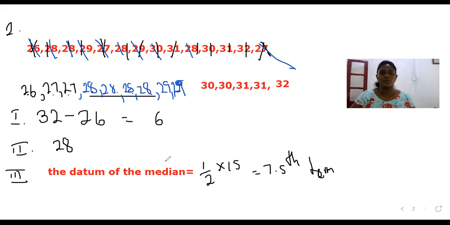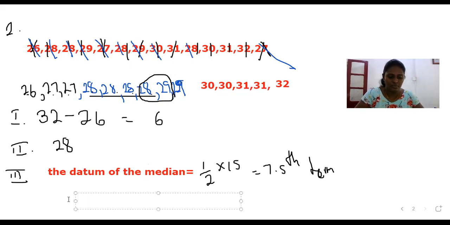Now we want the 7th and 7.5 means we want the 7th and 8th term. Then 1, 2, 3, 4, 5, 6, 7, 8. The 7th and 8th terms are 28 and 29. Therefore median equals 28 plus 29 over 2.